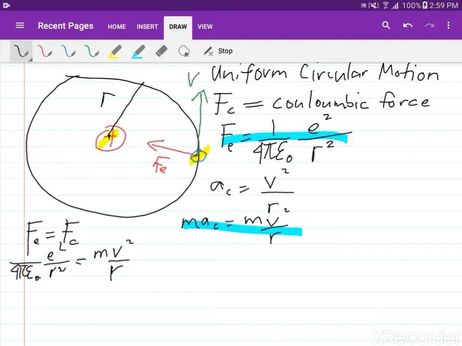What we want to do here is determine the radius, because if we do so, we will know the orbit of the electron. Moreover, we will also see that the orbits of the electron are actually quantized. So let's determine r.